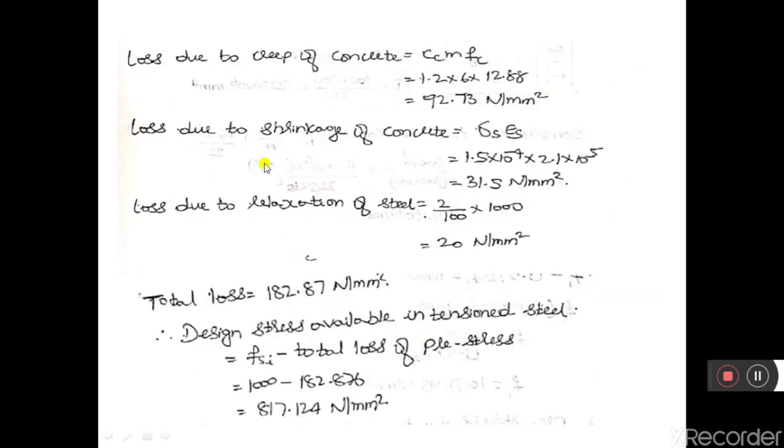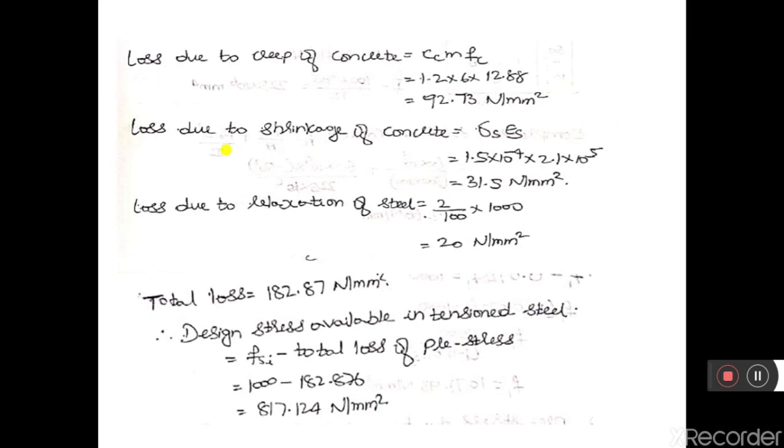And now the third condition, what he has asked is to calculate the design stress available in the tension steel. So design stress available in the tension steel means it is the final stress which is available in the steel after deducting all the losses. So already we have calculated loss due to friction and loss due to anchorage slip.